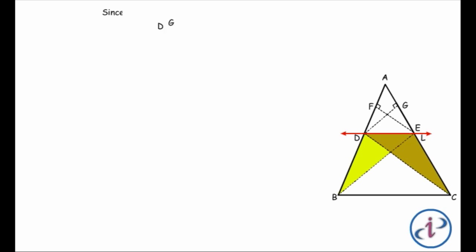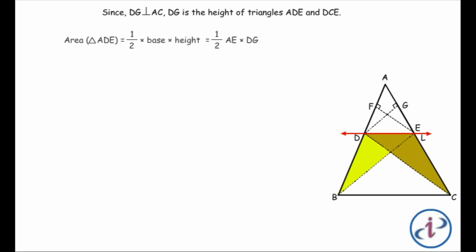Since DG is perpendicular to AC, DG is the height of triangles ADE and DCE. Area of triangle ADE is equal to half times base times height, which is 1 by 2 times AE times DG.